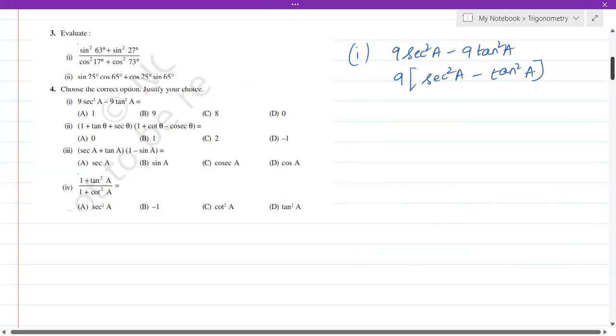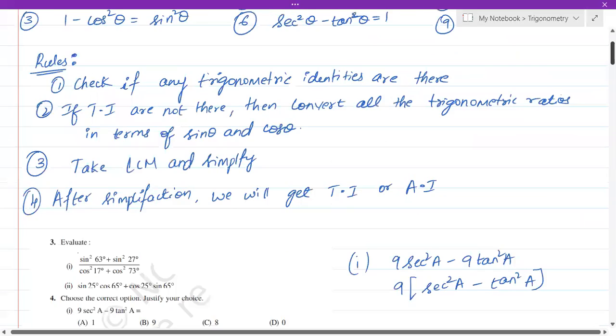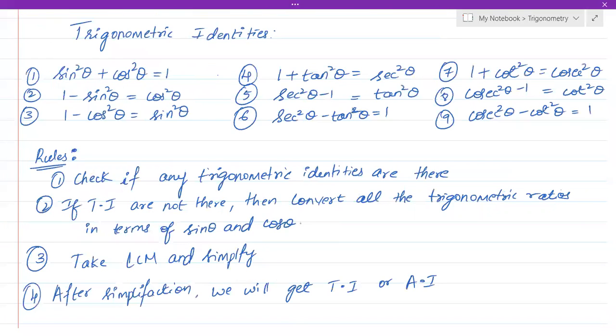Now, do we have an identity like this? Secant square A minus tan square A, or secant square theta minus tan square theta. In place of theta, you can also have A, B, C. Doesn't matter. If you observe the sixth formula, secant square theta minus tan square theta, what will be the answer? The answer will be 1.